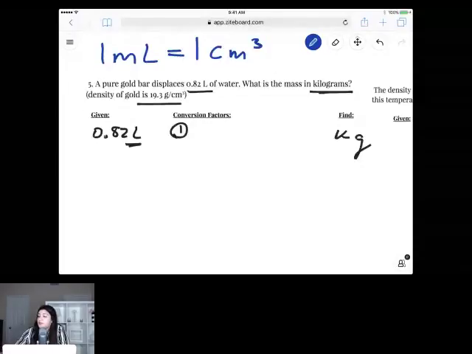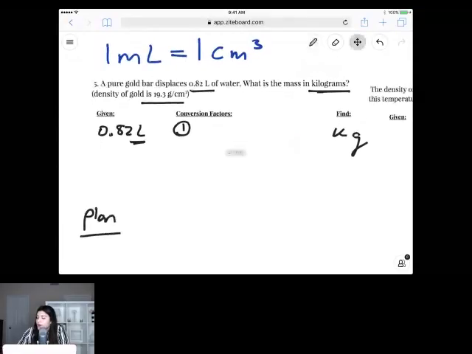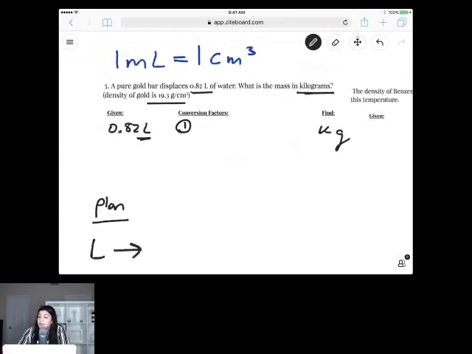Very, very important. I see this too often. Okay, so knowing that helps, because what I'm going to do, and I'm actually going to develop the plan first just so you guys can see it, is if we went from liters then to milliliters, that would then allow us to get to cubic centimeters.